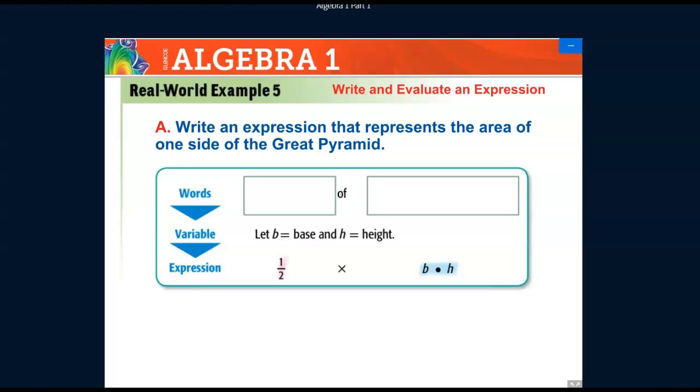So area of a triangle is 1/2 of the base times the height. So area equals 1/2 the base times the height.